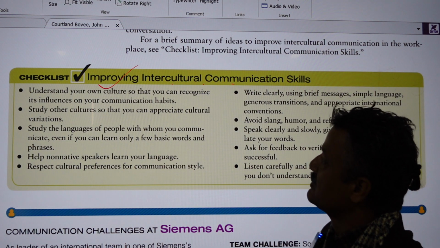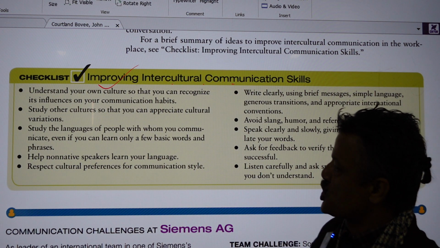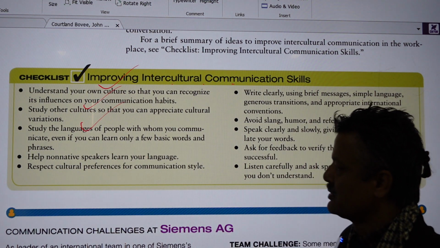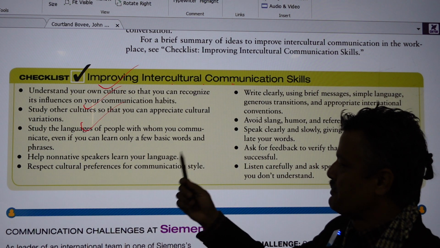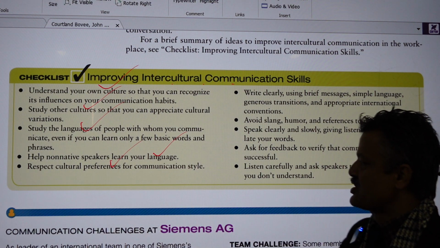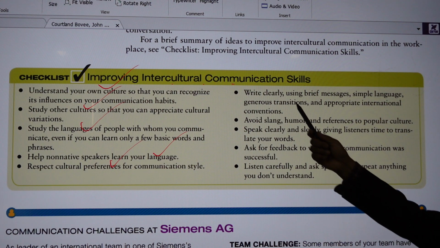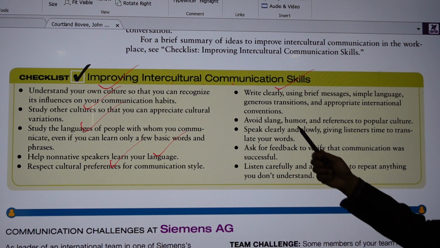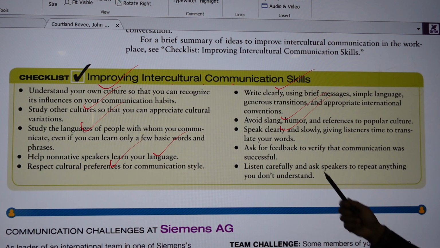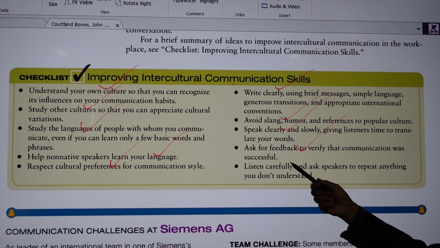Understand your culture. Study another culture. Study another language. Help others learn your language. Respect cultural preferences and styles. Write clearly. Avoid slang. Speak clearly. Ask for feedback. Listen carefully.